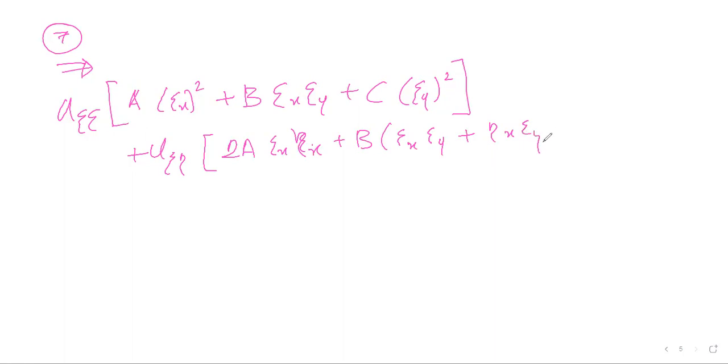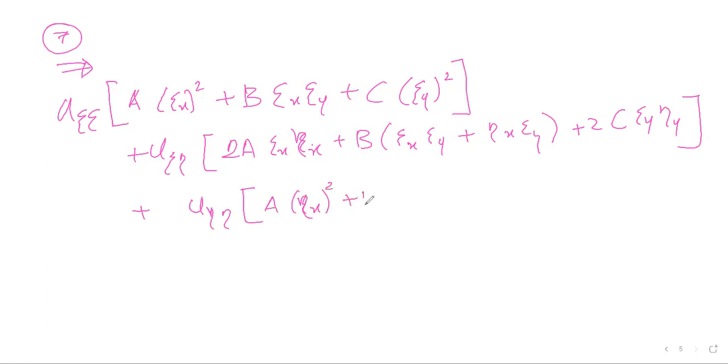So here zeta y, also 2c zeta y eta y. This is my second term. For the third term, let me take u eta eta. If you take eta, you will have a eta x squared plus b eta x eta y plus c eta y squared.